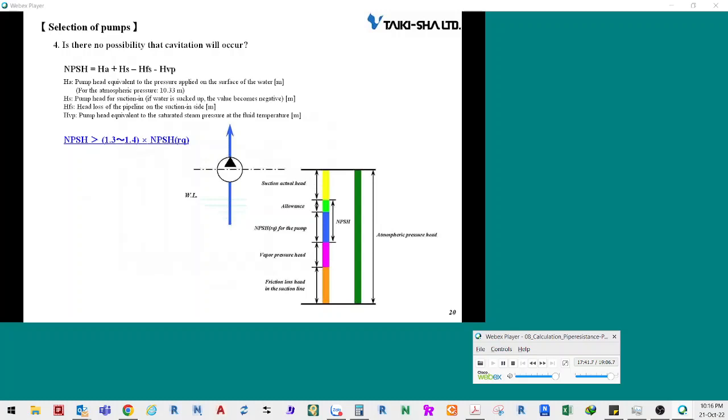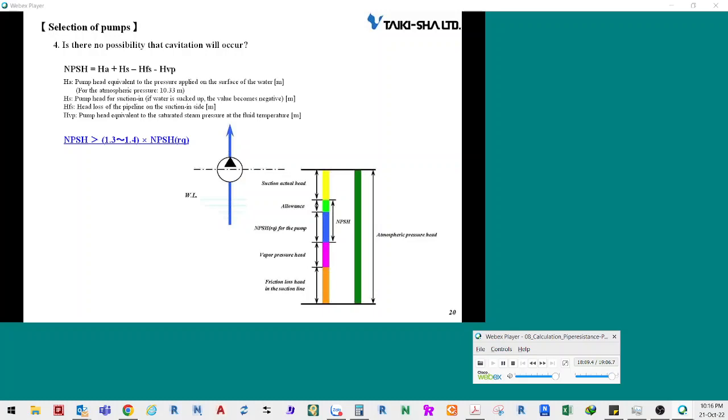You can read the value of the required net positive suction head from the NPSH curve shown in the performance curve chart. The net positive suction head is determined by calculations based on operating conditions. The greater the resistance of the suction tube, and the hotter the water, the smaller the net positive suction head becomes.